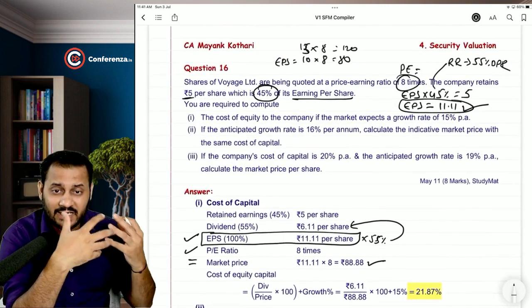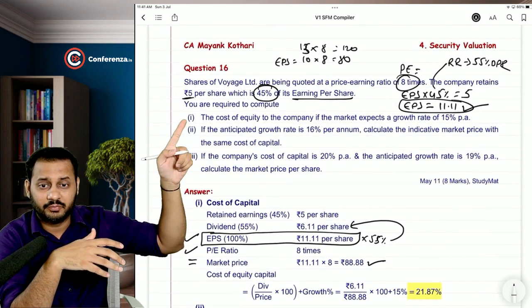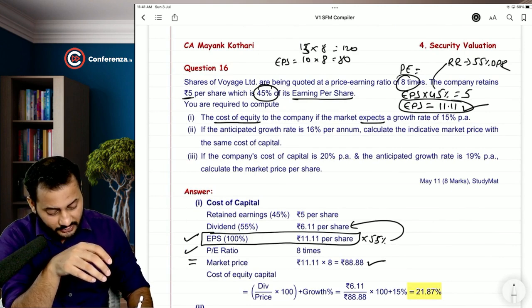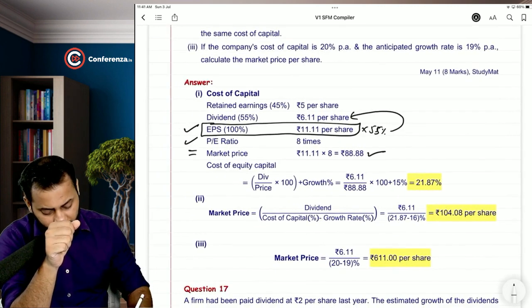Now what we want to calculate in the very first part is the cost of equity if the market expects a growth rate of 15% per annum. So we put down the formula: market price is equal to D1 divided by cost of equity minus growth.